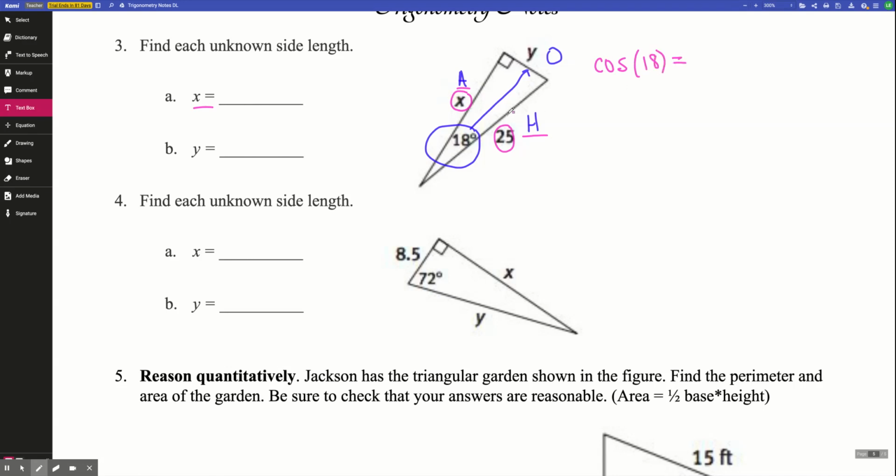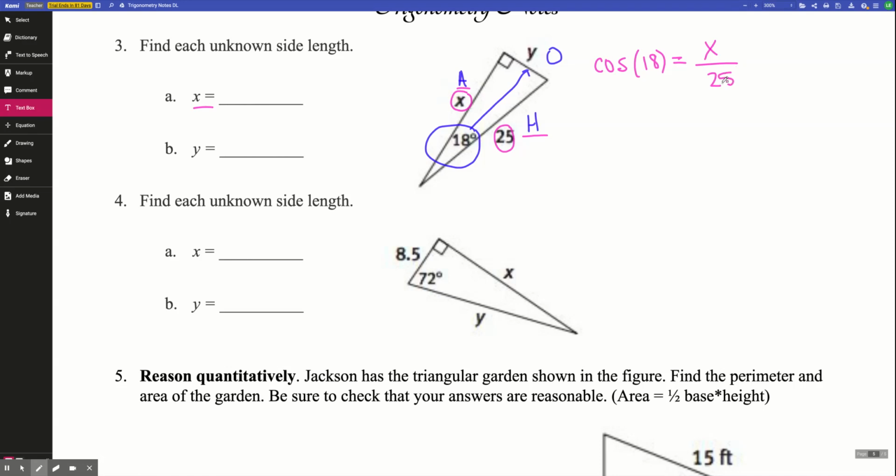equals, adjacent is X. Whoops, let's erase that. That looks terrible. Okay, so adjacent is X divided by hypotenuse, which is 25.